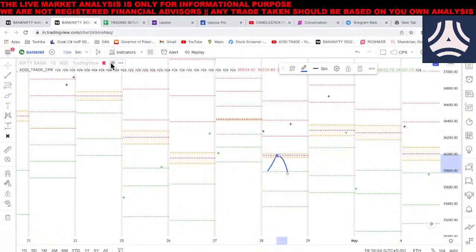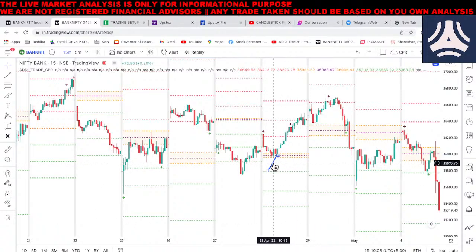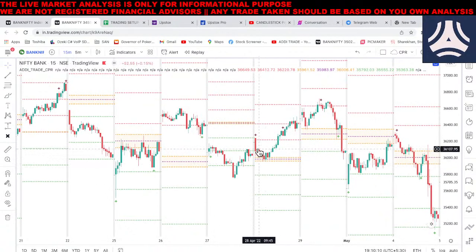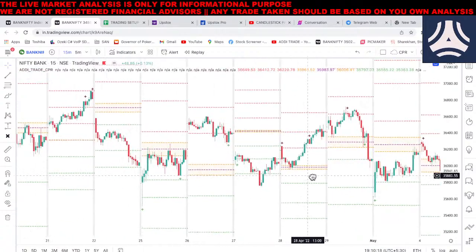Now, if I turn on the price action, you can see many places like this. See, on this day, the price came, tested the CPR, and beautifully reversed from the CPR on the upside.